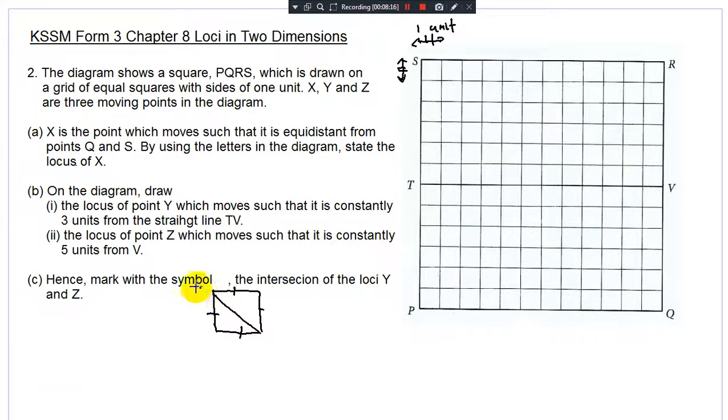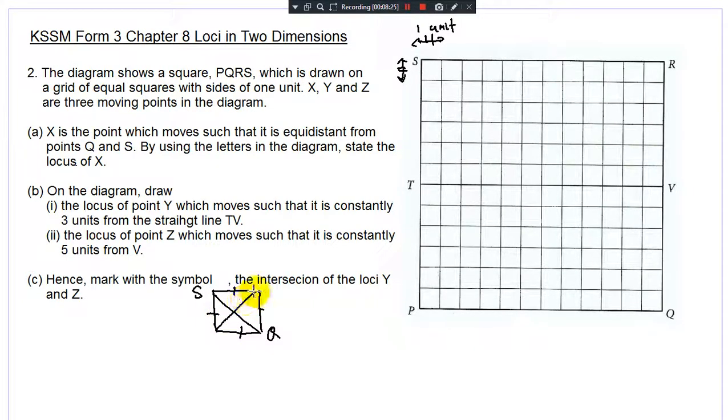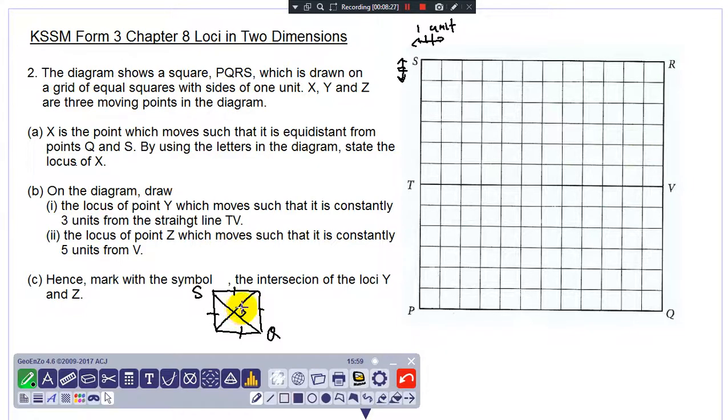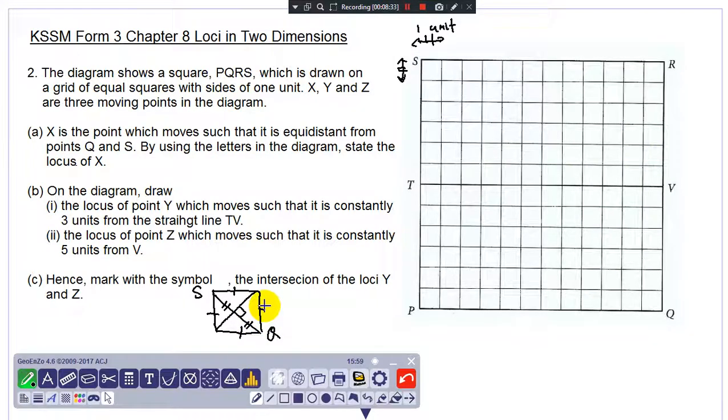So this is S, this is Q. We want the perpendicular bisector of SQ, but because this is a square, the diagonal here will be the perpendicular bisector of SQ. These two will be equal length. So this is one of the properties of a square.